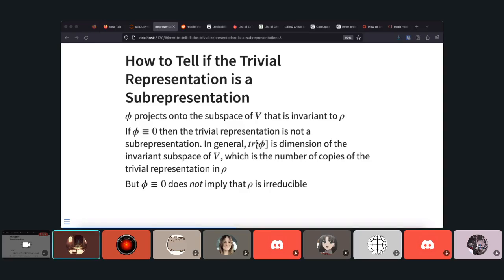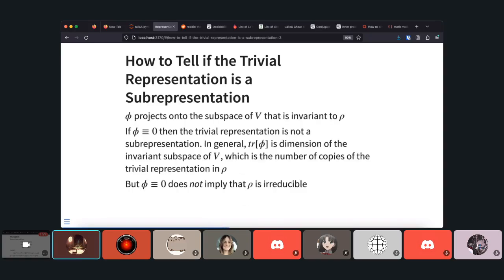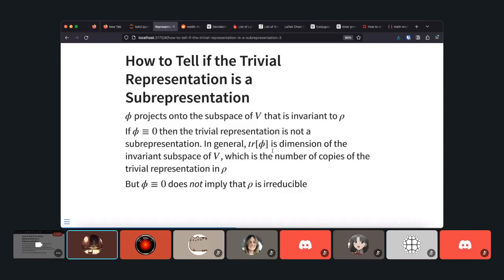Notice, before, you're like, well, where's the trace? Why are you talking about characters? This is where it really comes in: the trace of this map is the dimension of the trivial subrepresentation, and even more, it's the number of copies of this trivial subrepresentation.